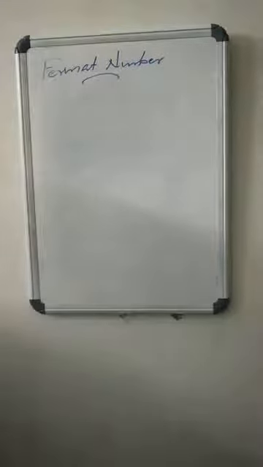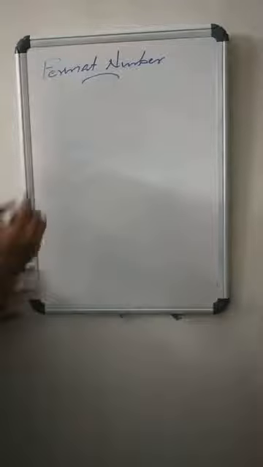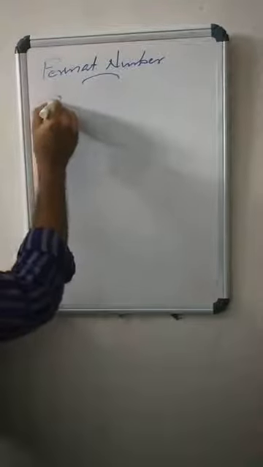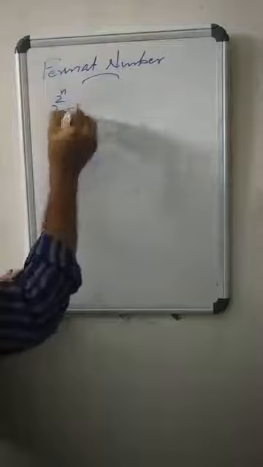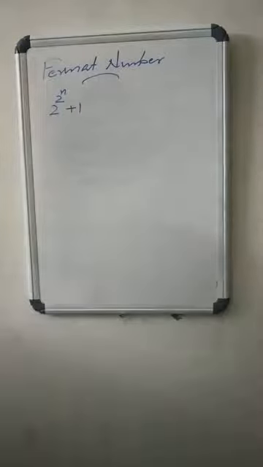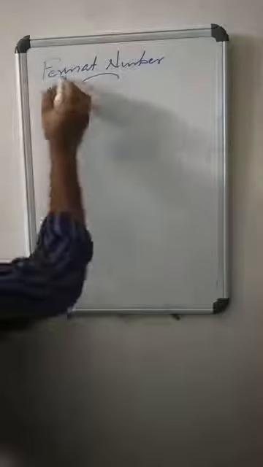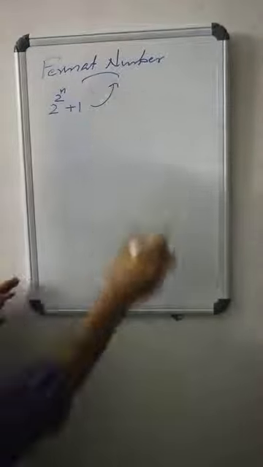A Fermat number means a number of the form 2 to the power n plus 1, where n is an integer. So this number is said to be a Fermat number.